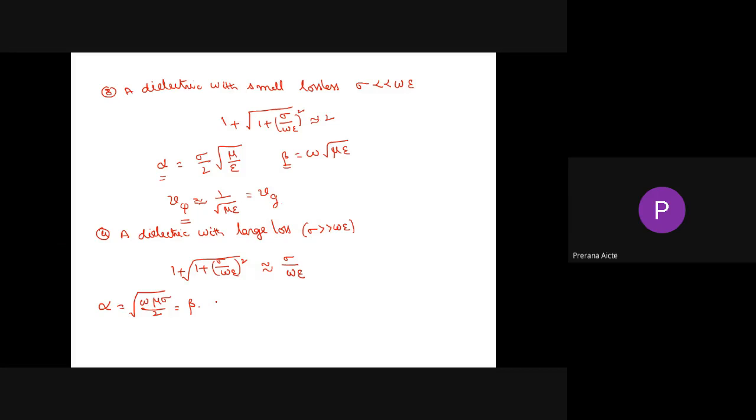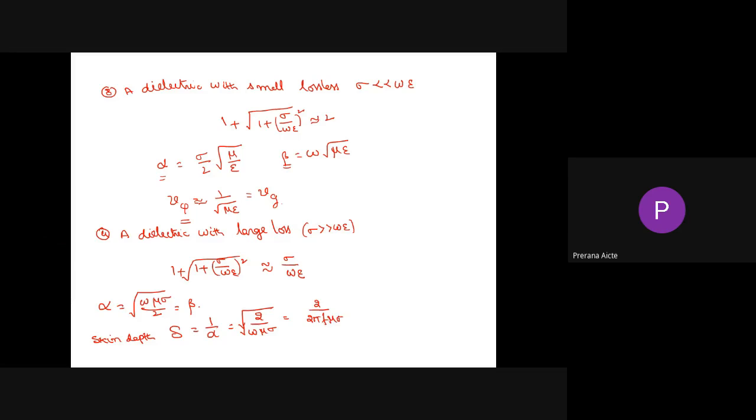Okay, now from these two equations we can define one more term, we can introduce the new term skin depth. Skin depth delta is equal to 1 by alpha, that is equal to square root of 2 divided by omega mu sigma, where omega is 2 pi f.